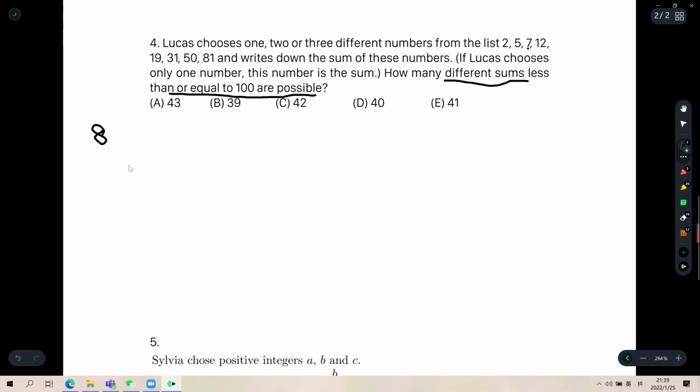Okay, let's see if there are 2 different numbers, how many sums are possible. So we can try to make a table to show all the possible numbers.